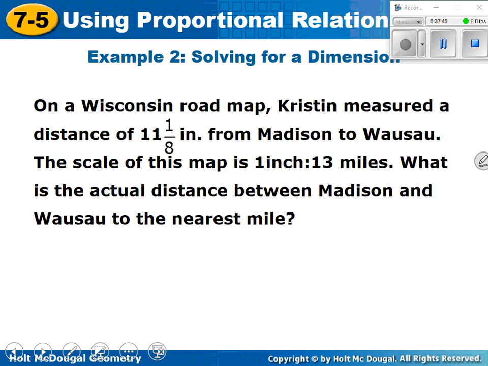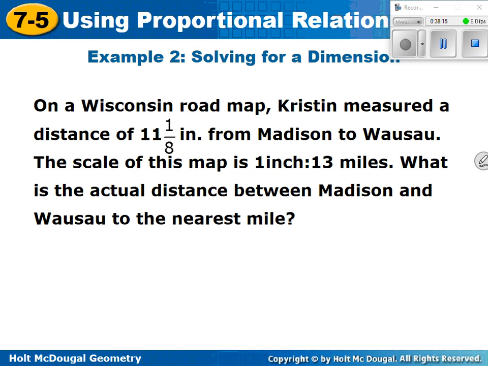So this is way back in the day, before we had a GPS on our phone where we could type in Madison to Wausau and it would tell us how many miles it is. Way back in the day, you had a road map on paper and you had a handy dandy ruler. And you took your little ruler and you went, okay, from Madison to Wausau, I'm going to measure that.